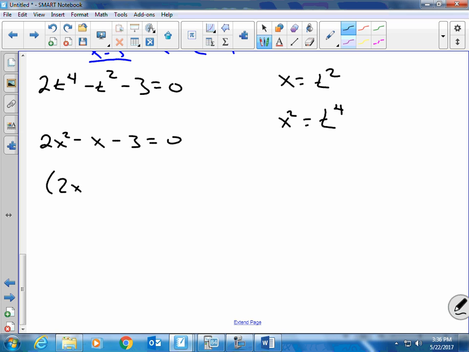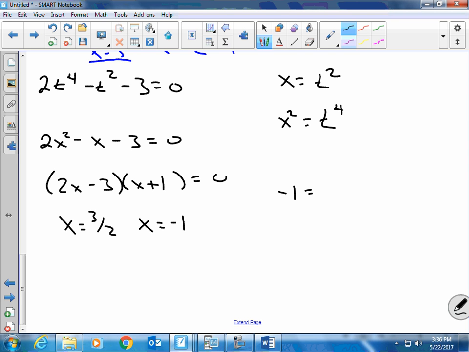Factor, I get 2x and x, minus 3 plus 1. Factors that thing down, and I get x equals 3 halves, and x equals a negative 1. x equals 3 halves, because 2x minus 3 equal to 0, solve for x equals 3 halves, and a negative 1. Go back here to x.